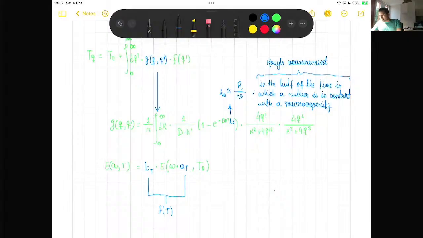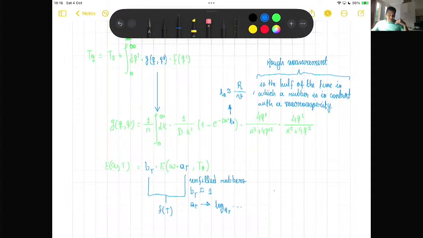Then, for the case of rubber, for unfilled rubber, it's important to mention B(T) is approximately 1, and A(T) is given by the WLF equation, log A(T).